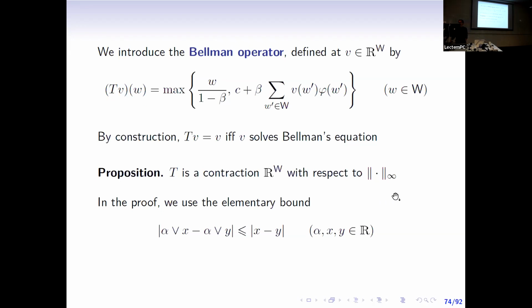If you've done any dynamic programming at all, and it sounds like almost everyone here has, you're going to know that in most instances, for regular problems, T is going to be a contraction mapping with respect to the supremum norm. Everything's a vector here. Remember that the little w's are finite in this case.